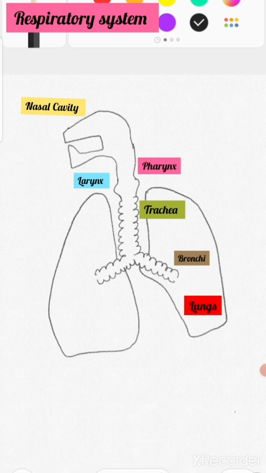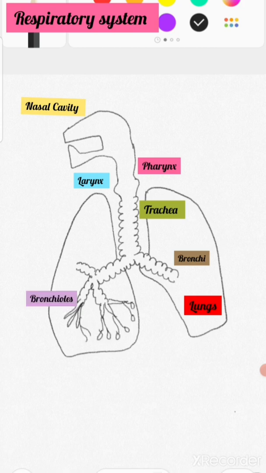When they enter our lungs, the bronchi divide and redivide a number of times, and these bronchioles open up into small balloon-like structures known as alveoli.